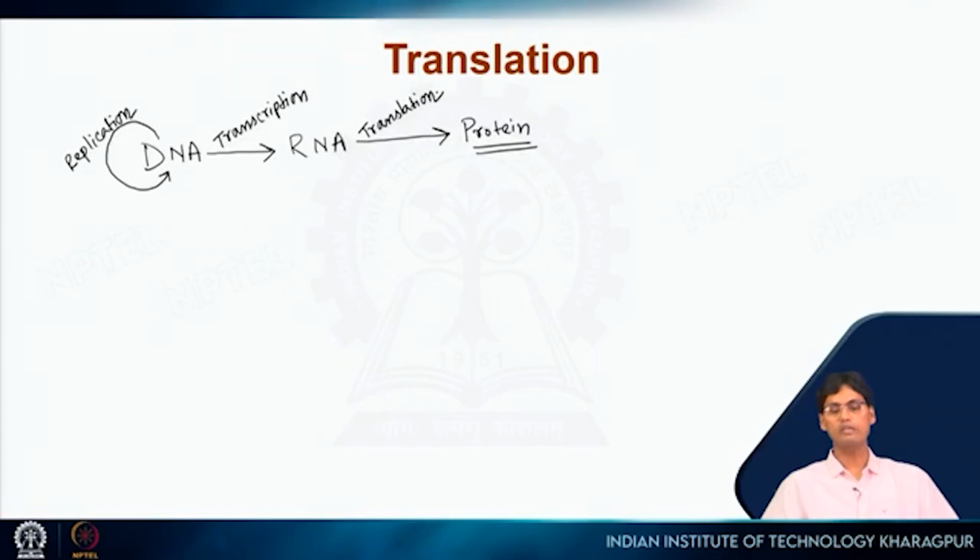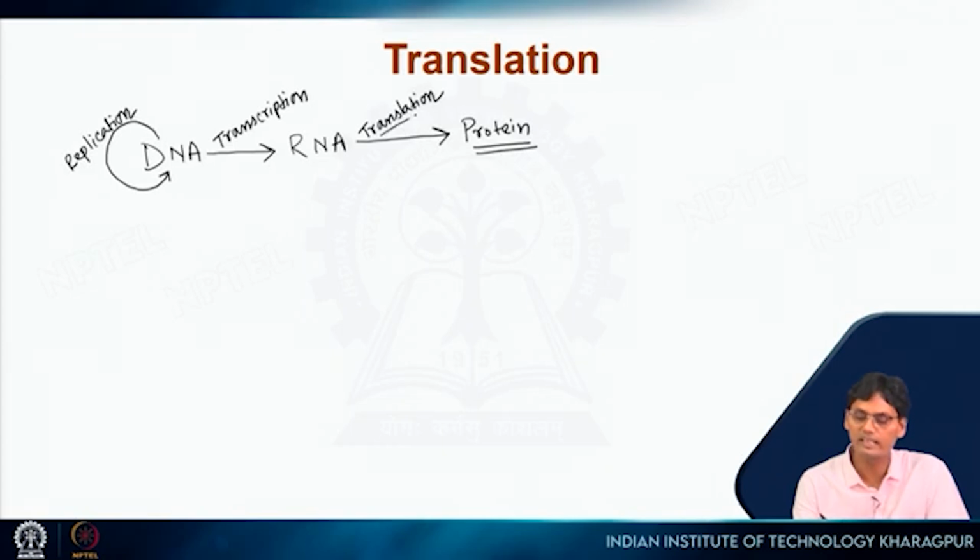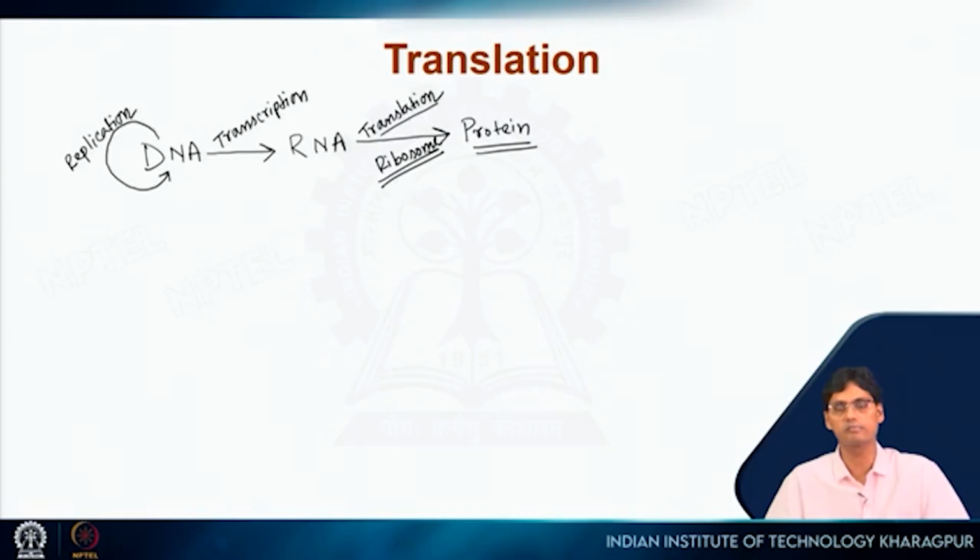Similarly, when we get RNA through transcription, the enzyme is called RNA polymerase, which polymerizes ribonucleotide triphosphates. But in translation, logically the name should be protein polymerase, but there is no protein polymerase. Translation is being conducted by a big machine called the ribosome. Ribosome helps in the process of translation.